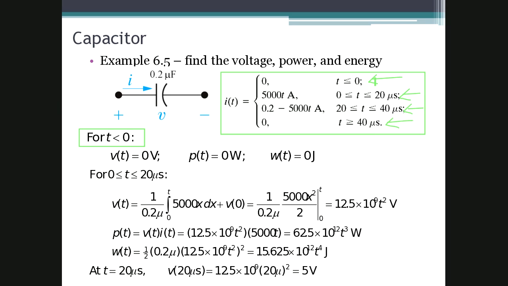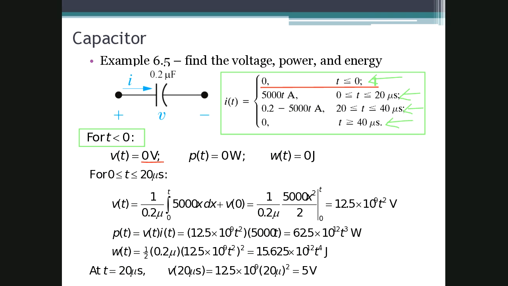This is basically a concept question. I want to make sure that you understand the concept. And so if it says that I have zero current at time t is equal to or less than zero, we know that the voltage is equal to zero.